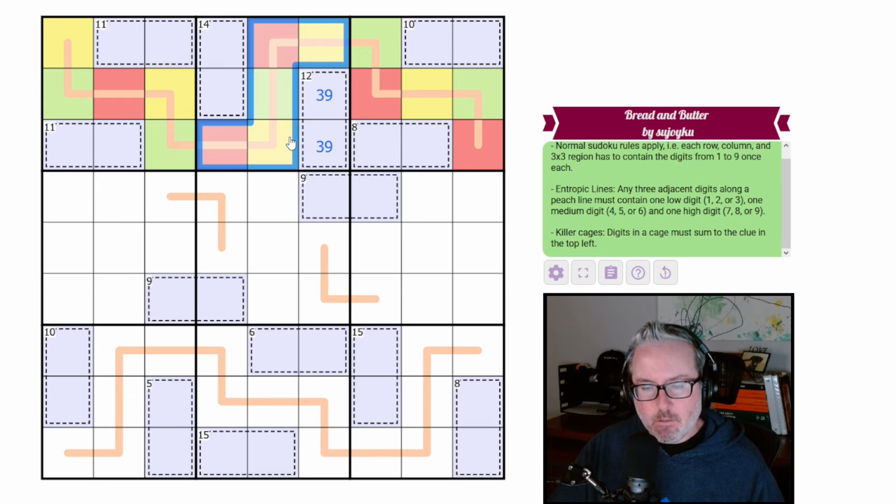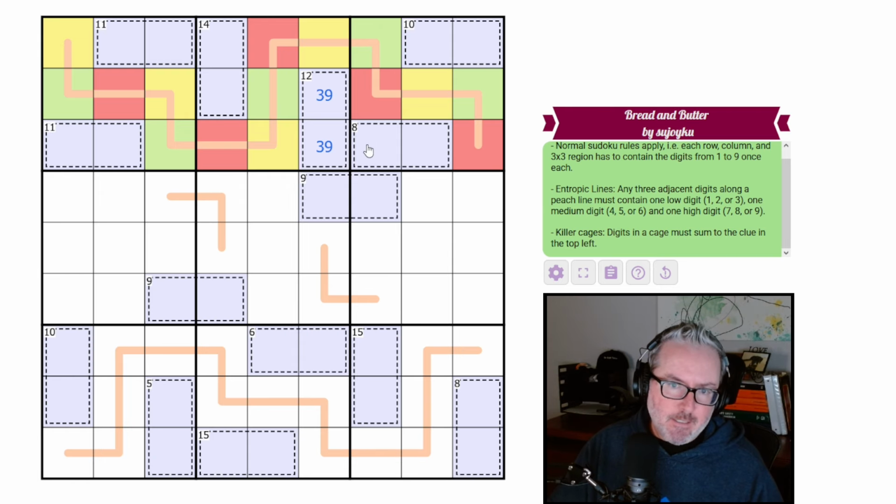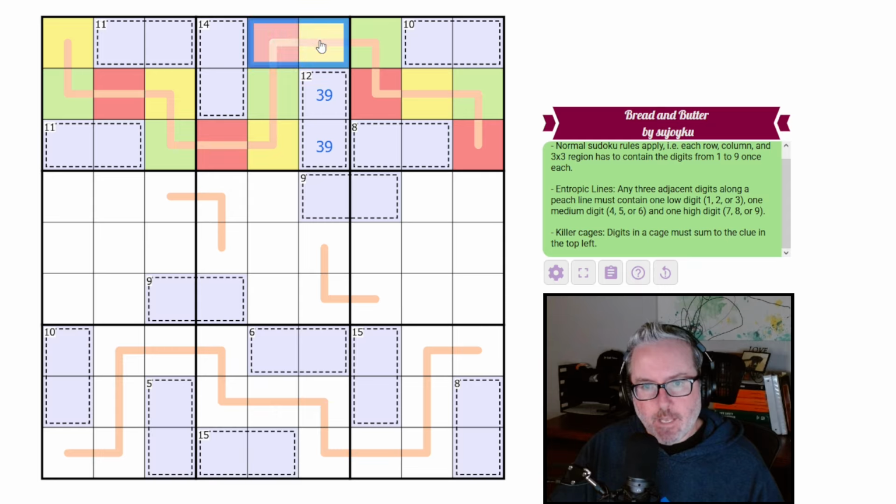Now we know we're done with low digits. The question's going to be, is green mid? And these will both be mid. The answer is no. So we're going to have to put a high and a mid on this guy to make him work. Now, if that's the case, red and yellow are going to be our low and our mid.